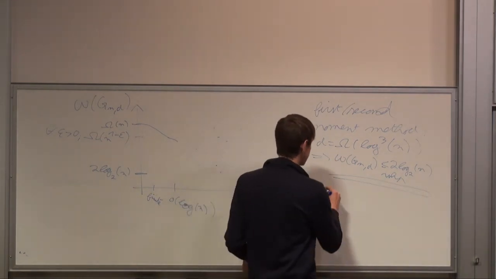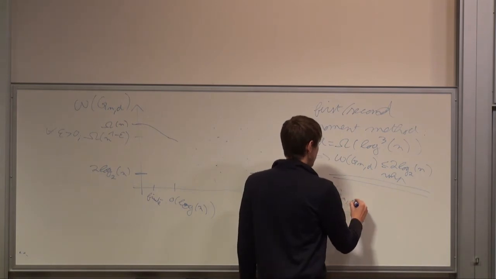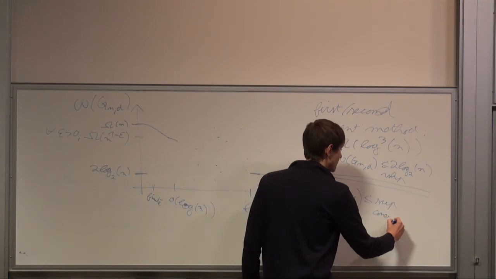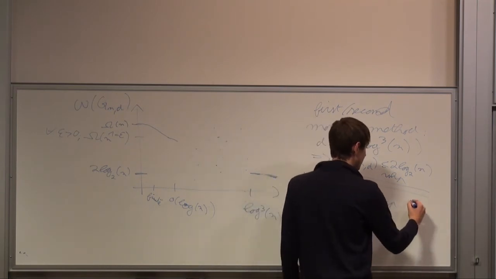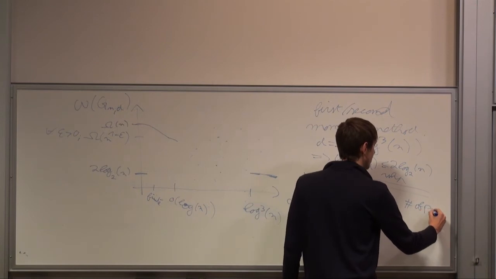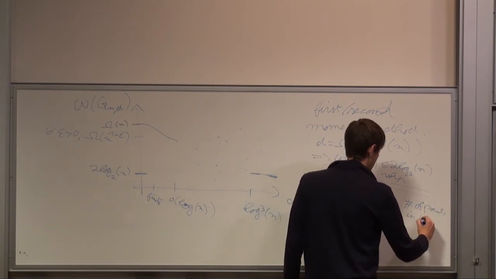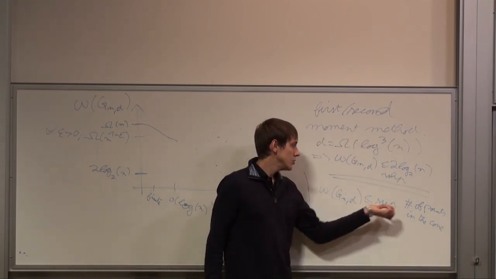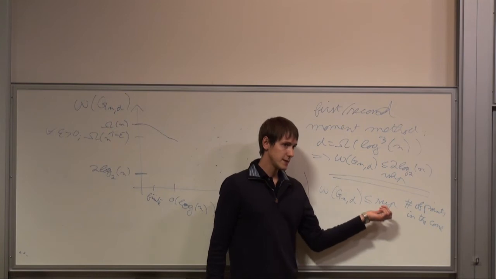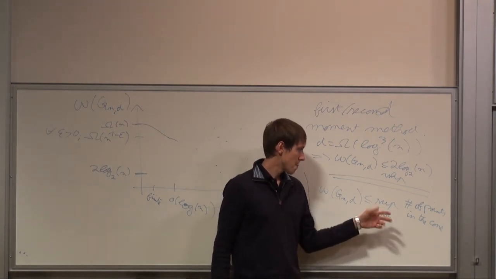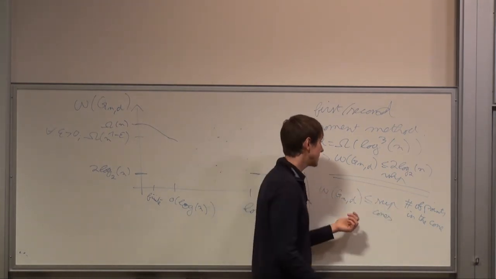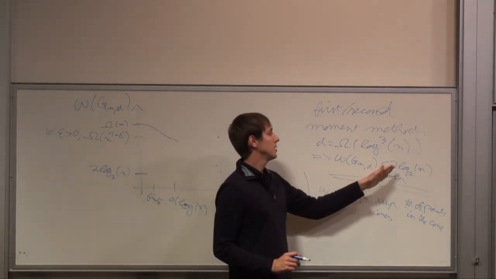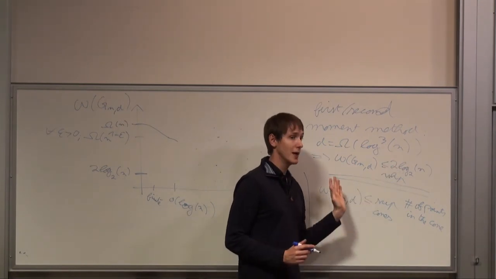So what they said is that omega of GND is smaller than the sup, let's say, over cones of the number of points in the cone. And now you just use standard tools from empirical processes and the VC dimension of the cones on the sphere.